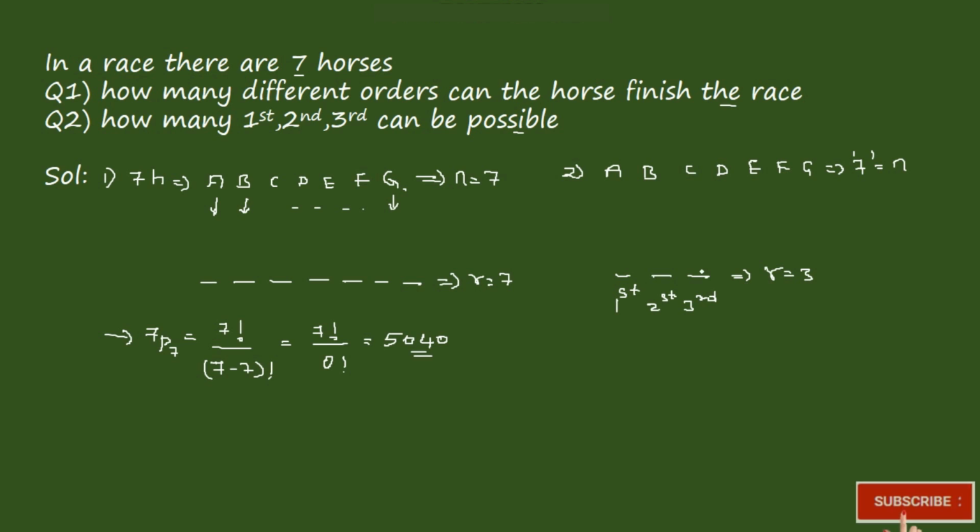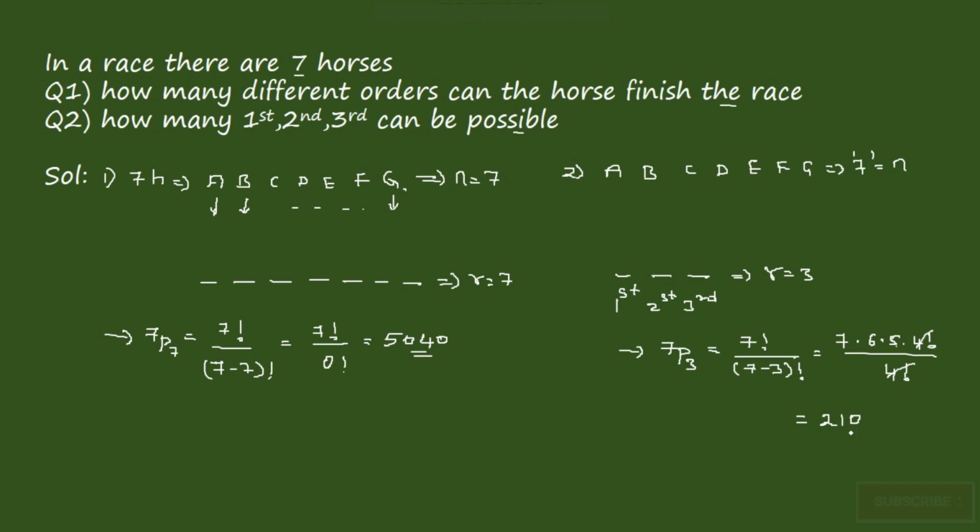This is an arrangement of a set, so we can use a permutation. That's 7P3, which is equal to 7 factorial divided by (7 minus 3) factorial, which is 7 into 6 into 5 into 4 factorial by 4 factorial. 4 factorial gets cancelled, so 7 sixes are 42, and 42 into 5 becomes 210.